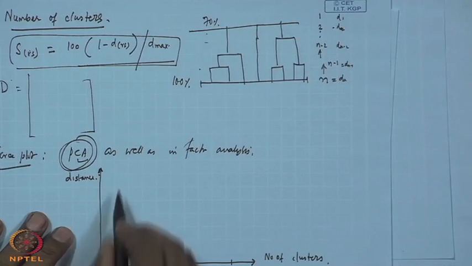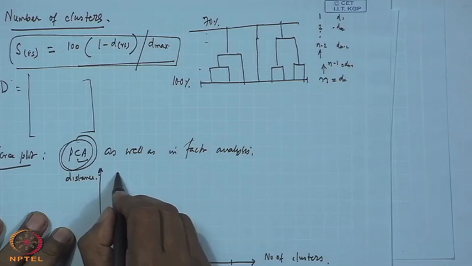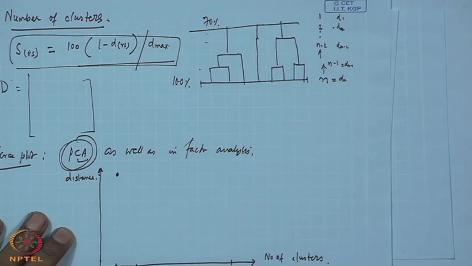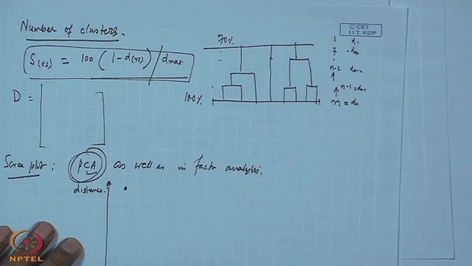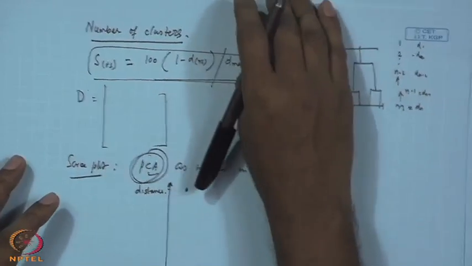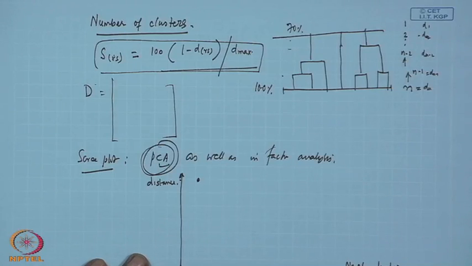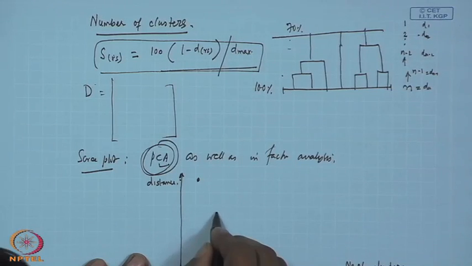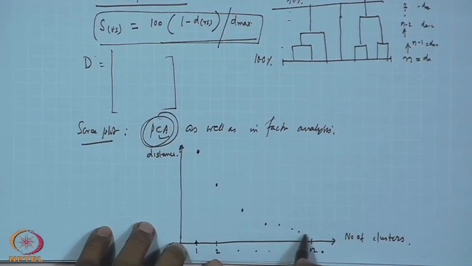Then for cluster number 2, for example, let it be here, cluster number 3 here, maybe after that it is like this.